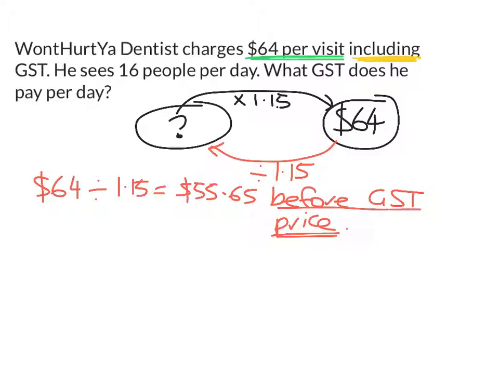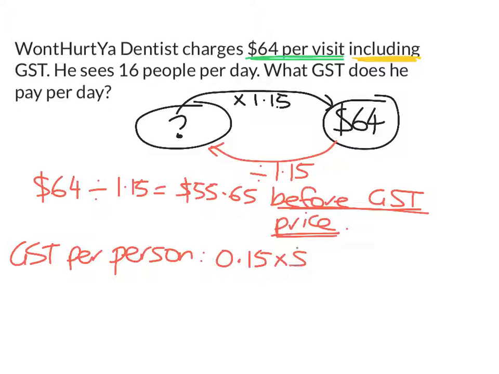So now we can work out the GST per visit, or per person, which is the same thing for a dentist. I'll just do this one way. I'll do 15% of 55.65. I could have done the gap in the two amounts. What does that give me?